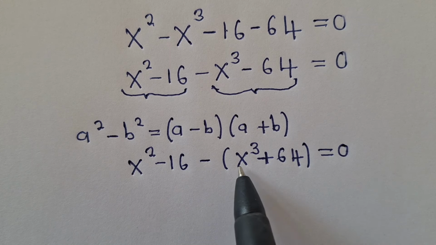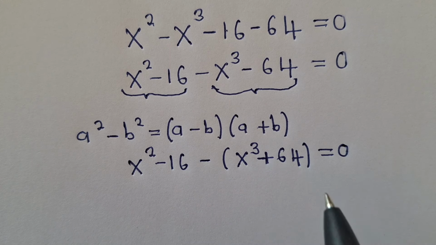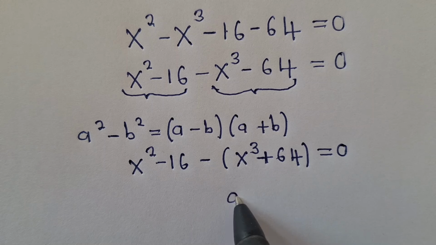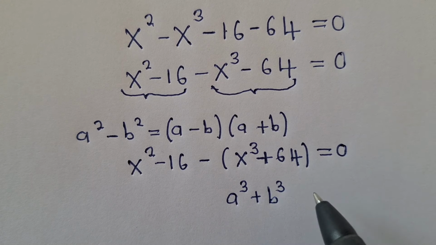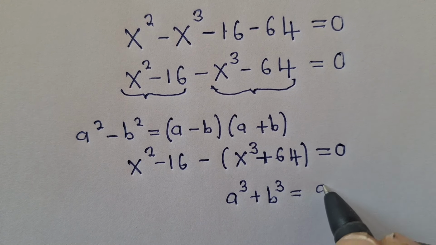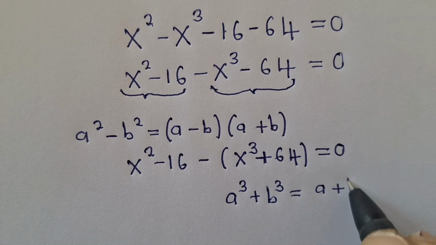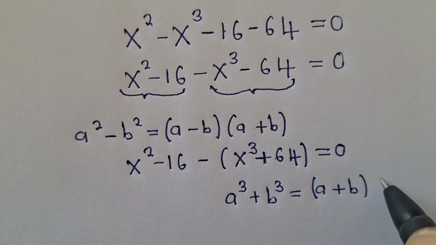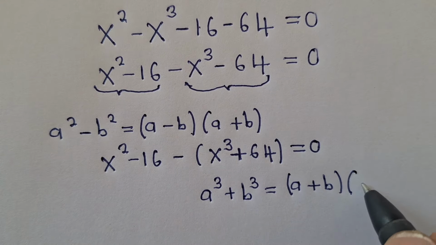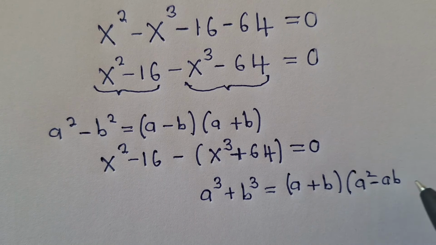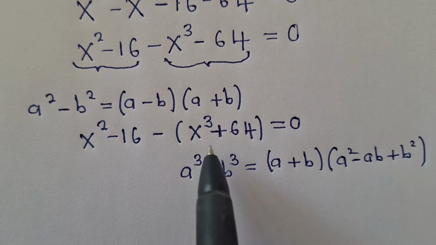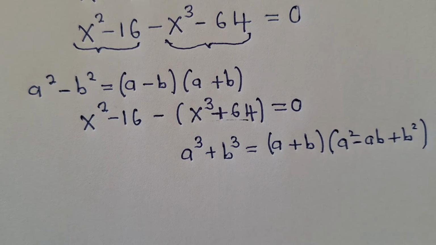But for this other one, x^3 + 64, we are going to apply this property which says that when you've got a^3 + b^3, it is equal to (a + b)(a^2 - ab + b^2). So this is the property we shall use at this point.